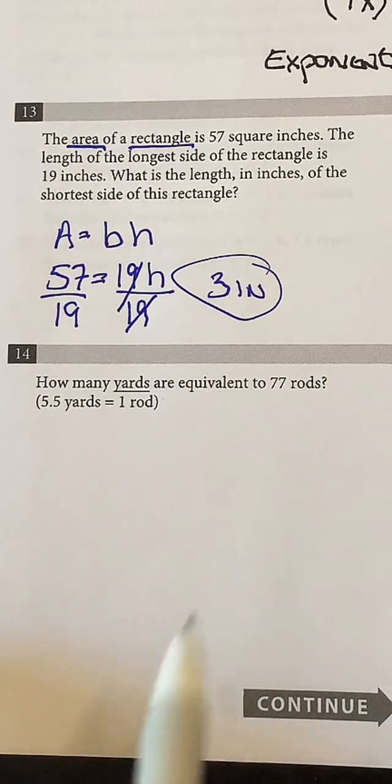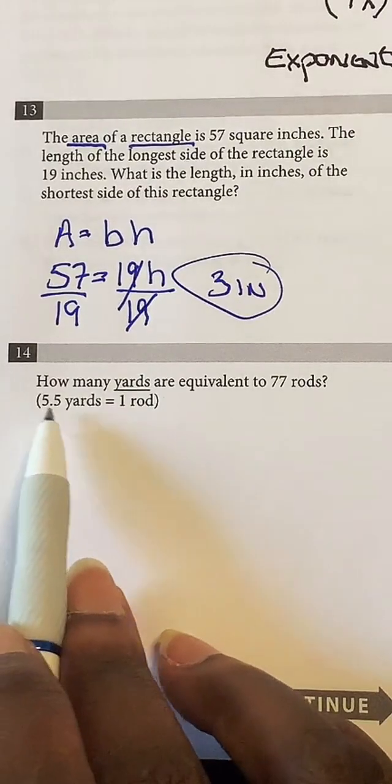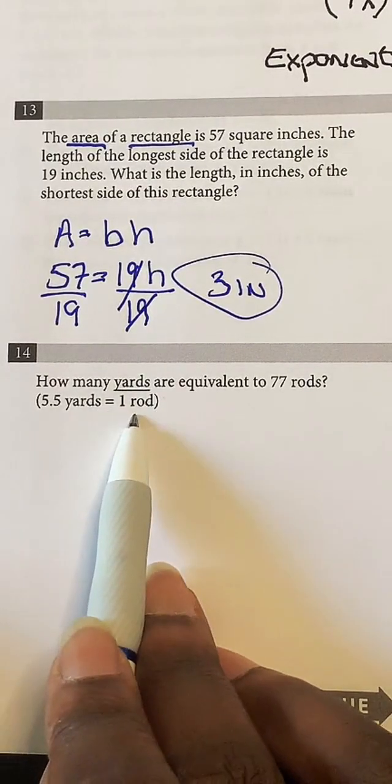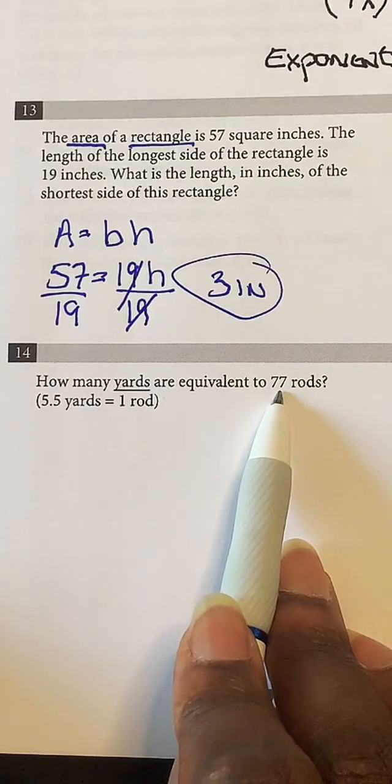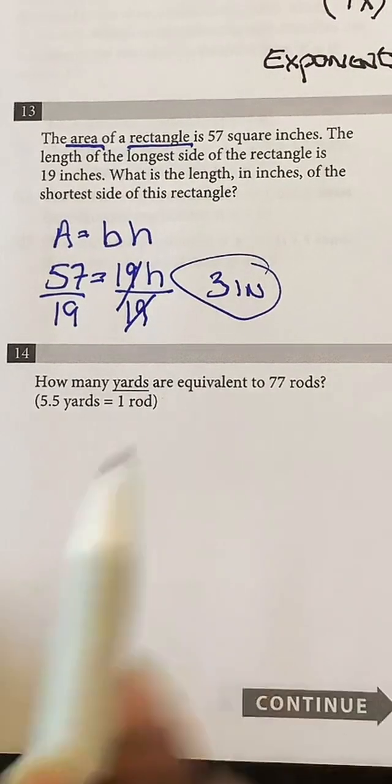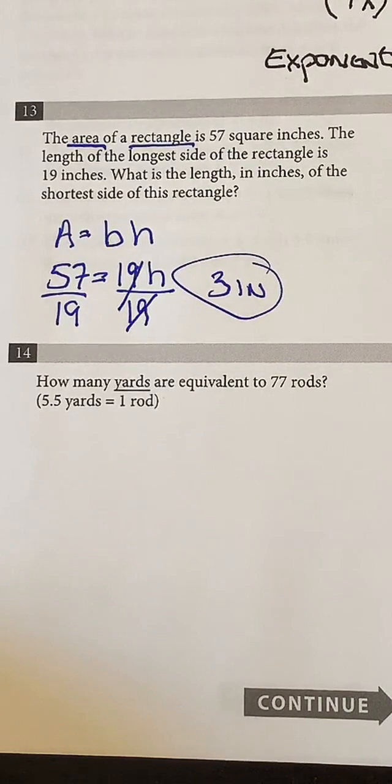All right. So if we're saying 5.5 yards is equal to 1 rod, and there's 77 rods, okay, Alex is giving me 423.5. You're saying 14. Okay.